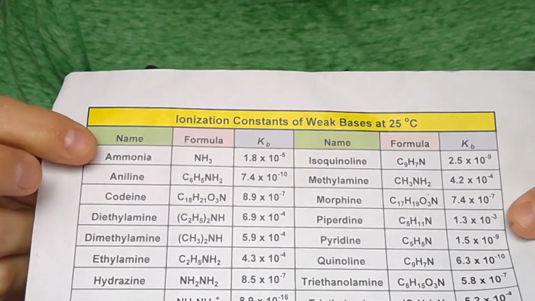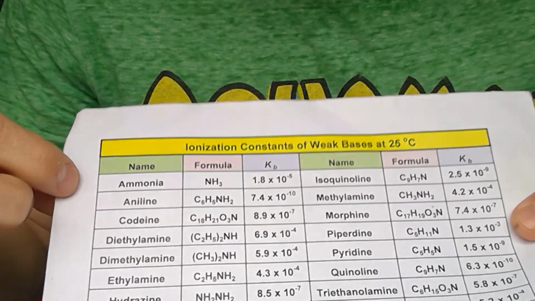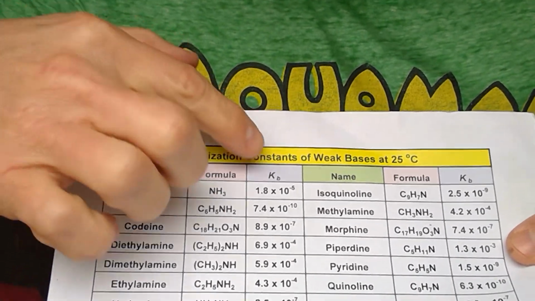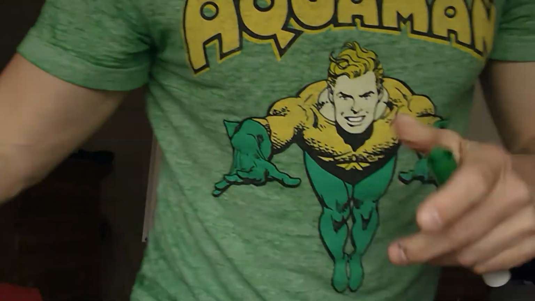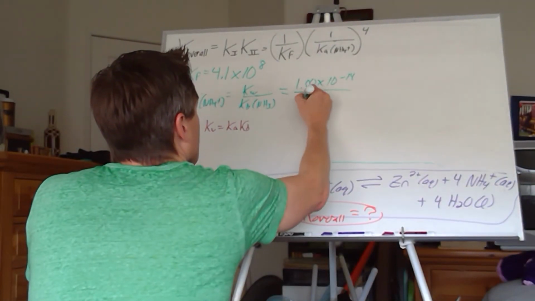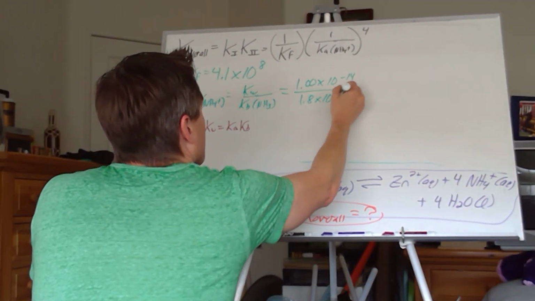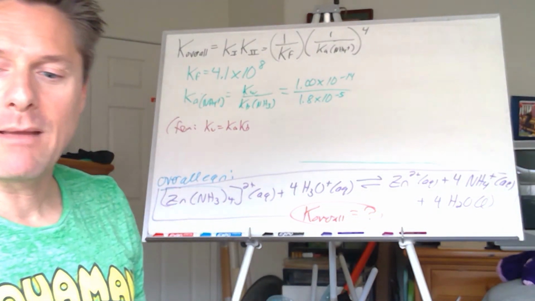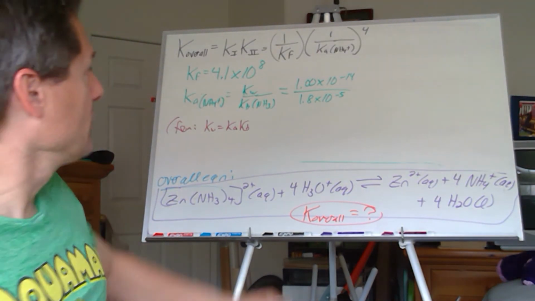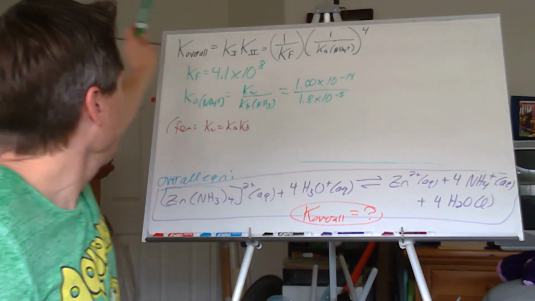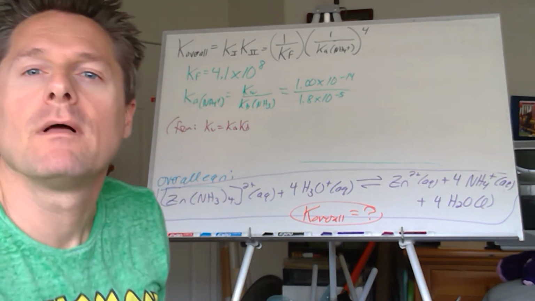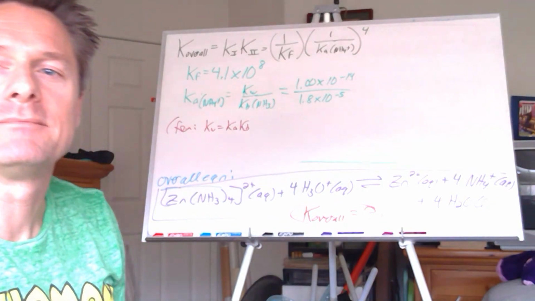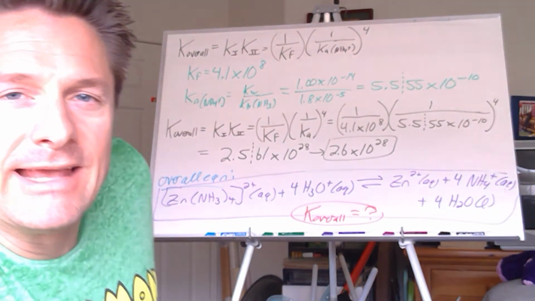Look up ammonia right on the top. Do you see the 1.8 times 10 to the negative fifth? We should be able to bang that out now, okay? So I want you to solve for that and then solve for K overall for me. I'll give you a minute or two to do that. Have at it.